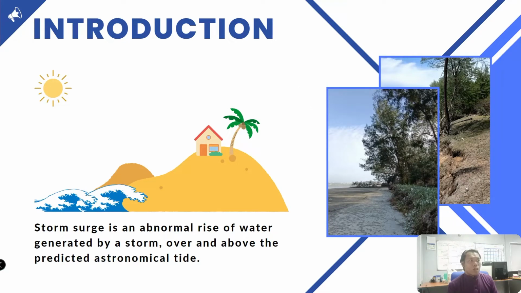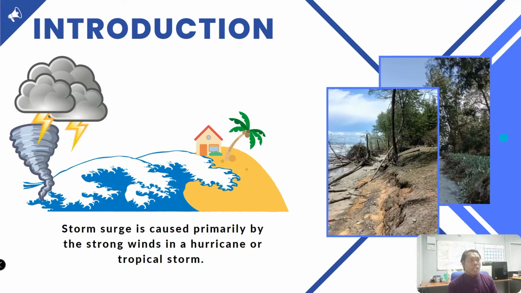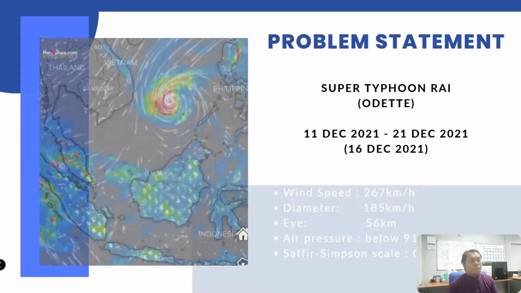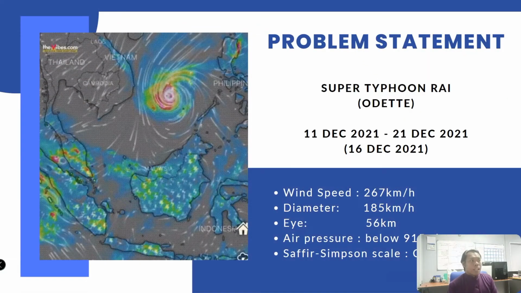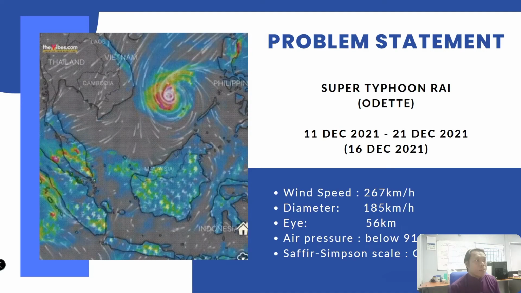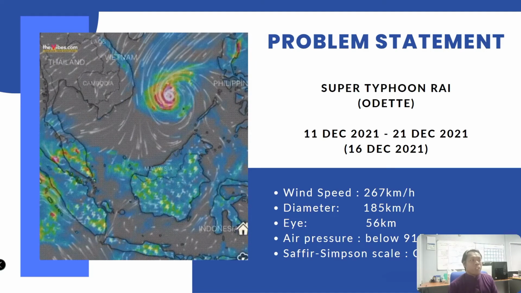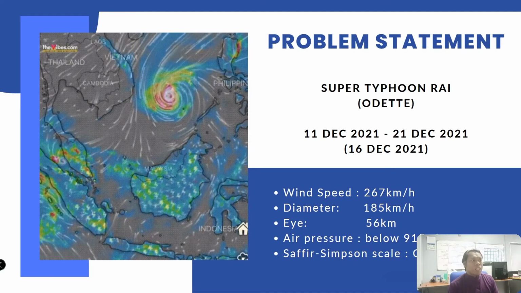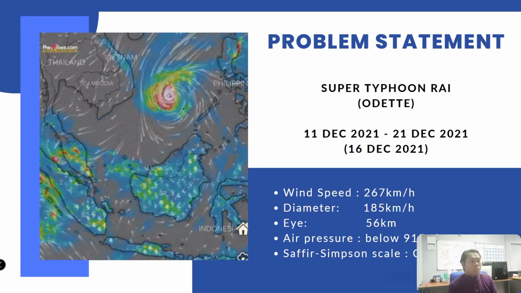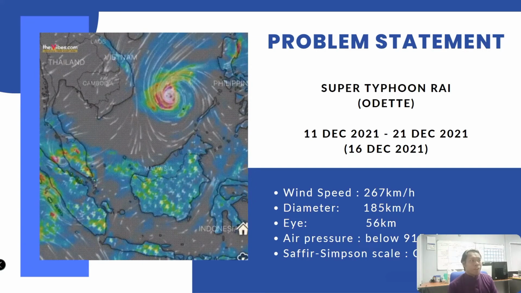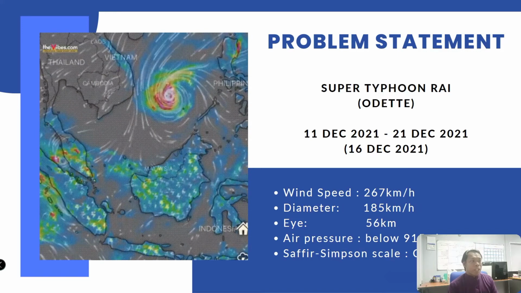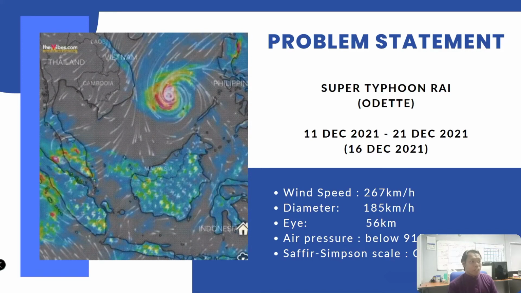Storm surge is the occurrence of an abnormal rise of seawater that is often caused by the strong wind of hurricanes and tropical storms. The recent storm event occurring from the 11th to 30th December 2021, which affected Pahang greatly, is Super Typhoon Rai, also known as Odette.